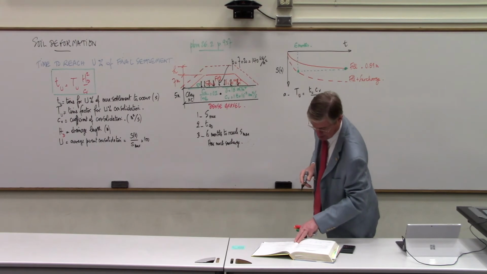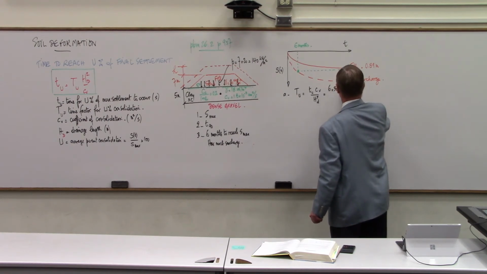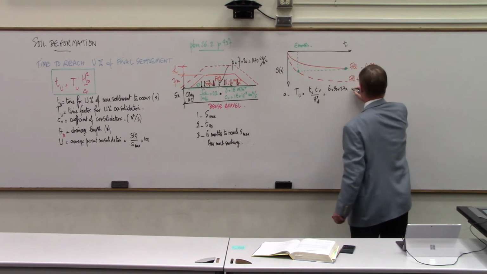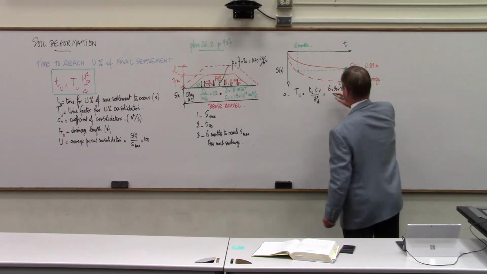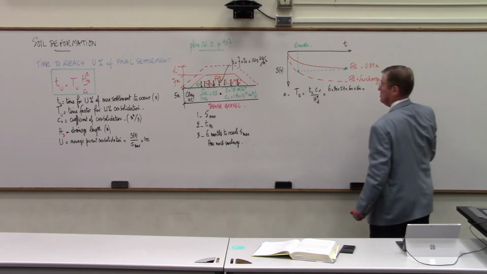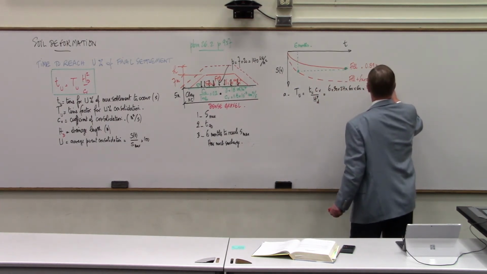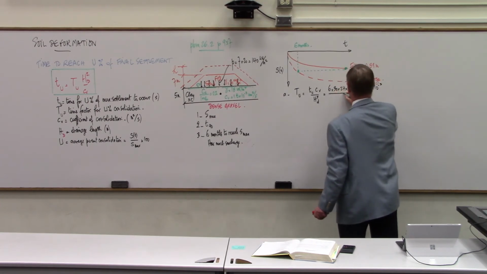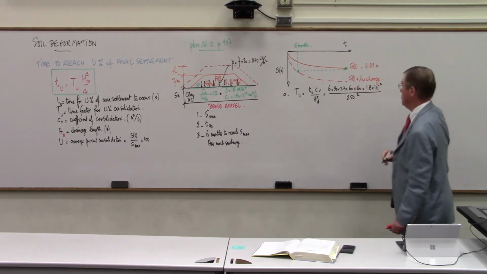So T is 6 months, and so 6 times 30 days per month times 24 hours a day times 60 minutes per hour times 60 seconds per minute, and now we've got T in seconds, times C sub V, 1.8 times 10 to the minus 3 centimeters squared per second, and then H squared, the drainage length is half, so that was 2.5 meters or 250 centimeters, squared.